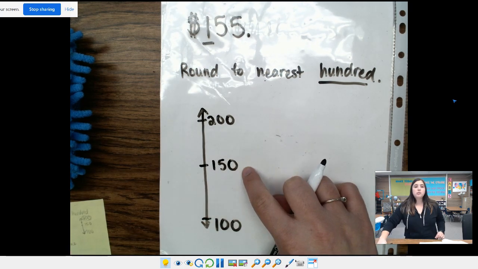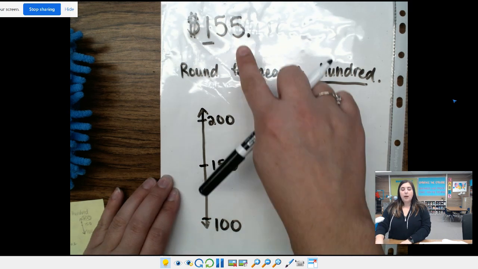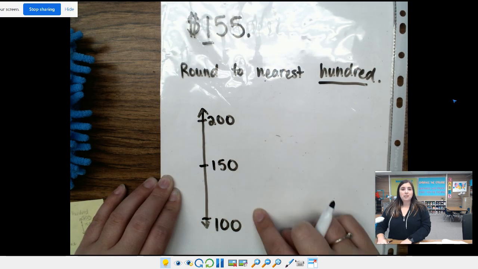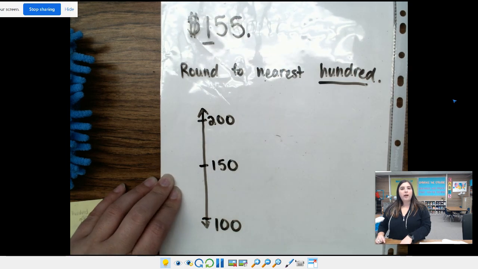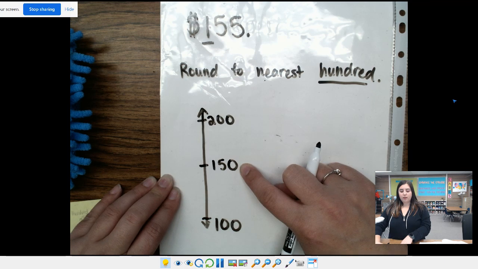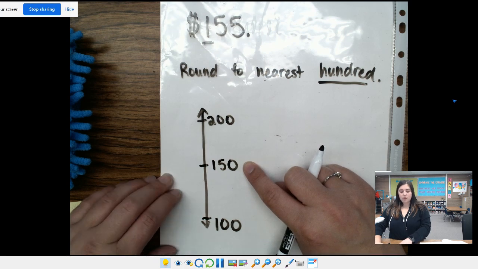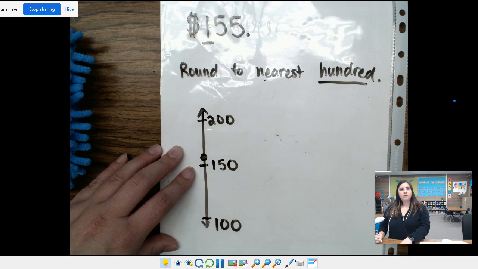I'm going to use this number to figure out, is my number more than halfway there or less than halfway there? So our number is 155. Where is that in relation to 150? Is that more than 150 or less than 150? It would be more. I have 5 more, so it's going to go somewhere maybe there.